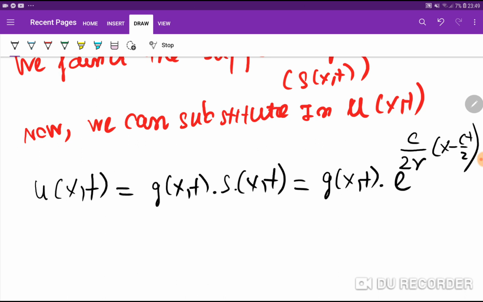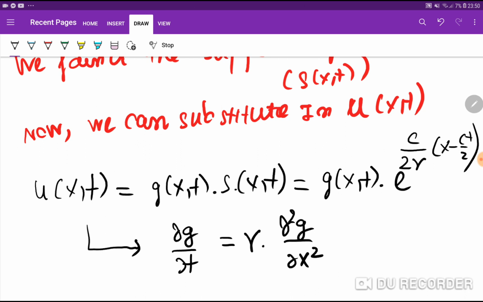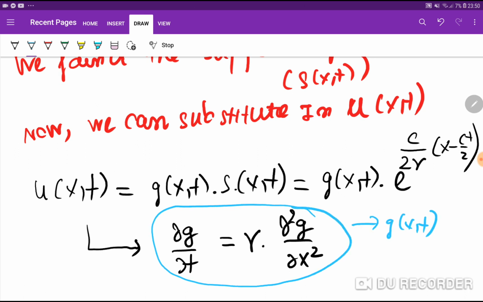By this substitution, by magic, it will lead our original partial differential equation to something solvable, a separable partial differential equation, which is partial g over partial t equals mu times partial squared g over partial x squared. Let me make some comments here so you can see the thinking process. By solving this blue equation, we get g of x and t, and after g of x and t, we can get u of x and t.